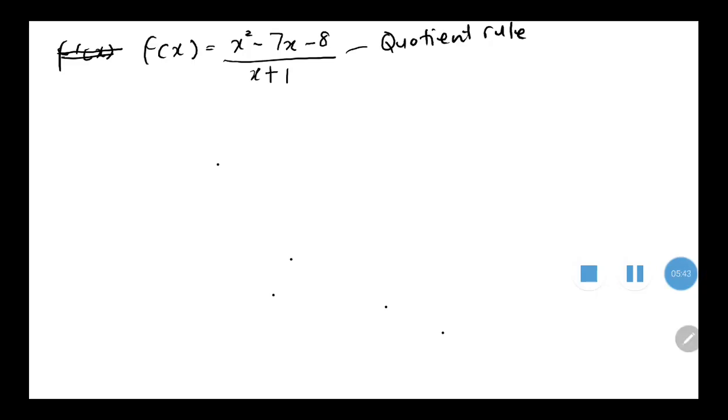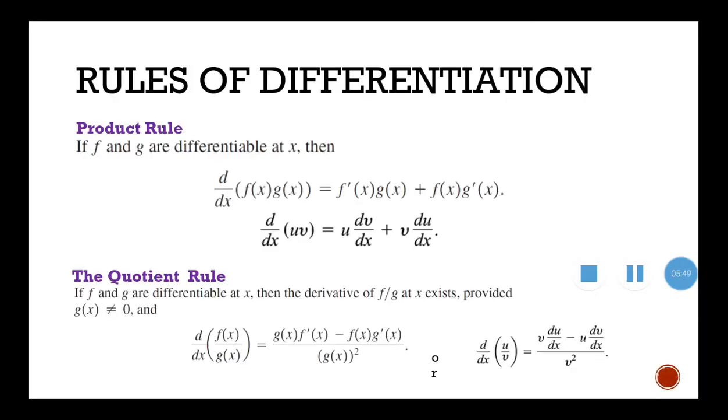Okay, let's recap back. For quotient rule, the formula is here, or it can be rewritten like this: (vu prime minus uv prime) over v squared. We should only use quotient rule when there is a division.